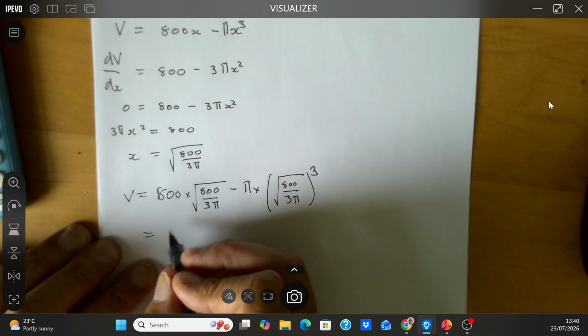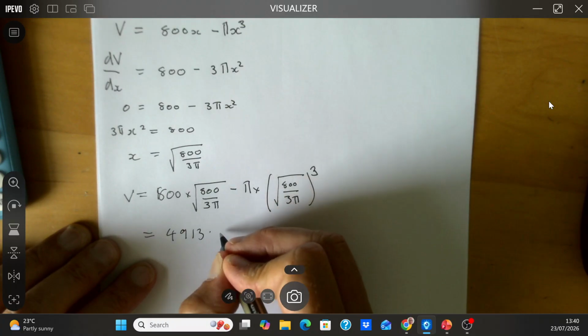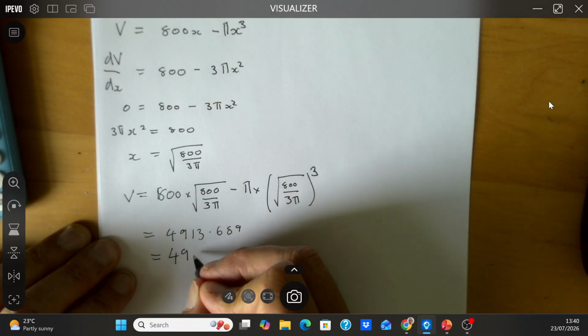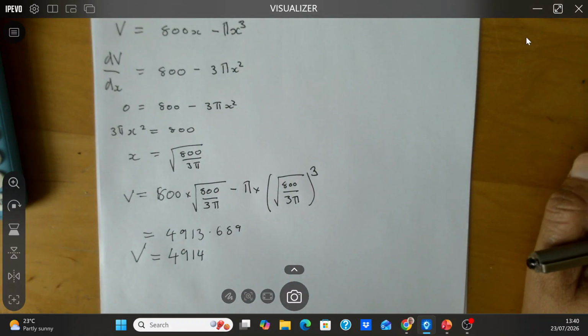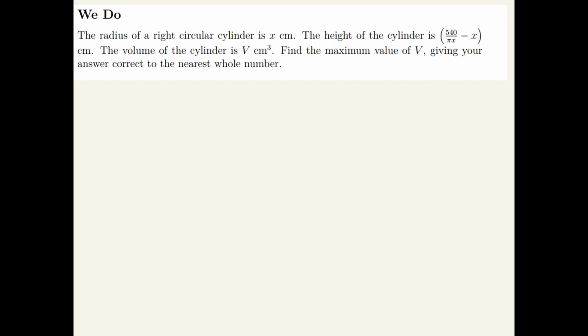Make my calculator look like that, and I get 4913.689, which becomes 4914 to the nearest whole number. So that's the volume. Right, so let's have a go at the next question with me talking you through it.